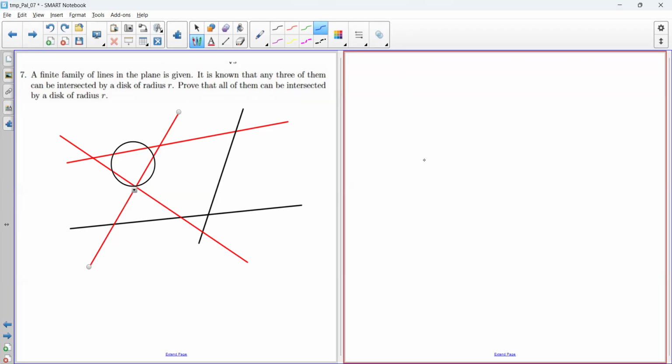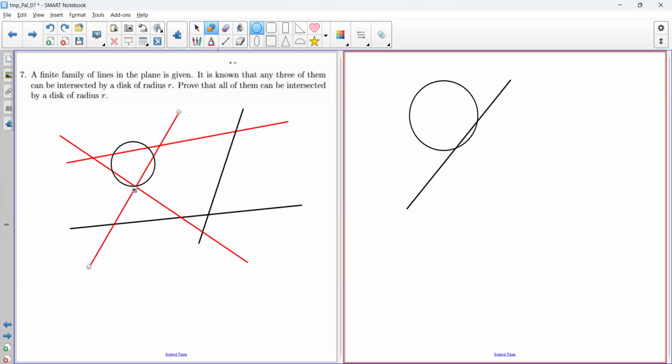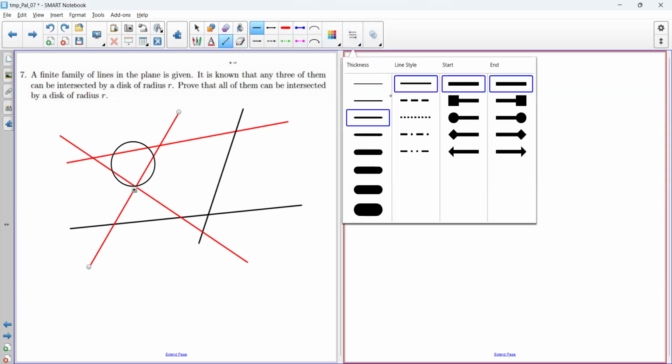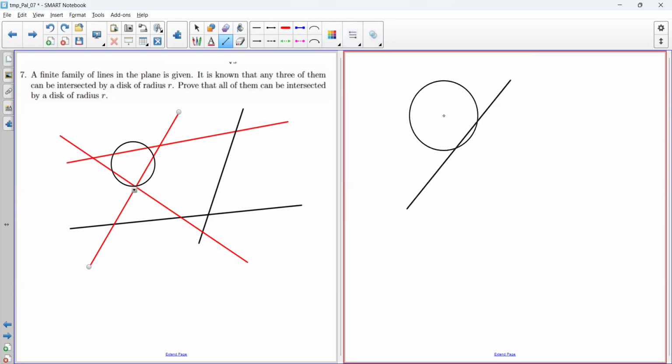So what does it mean that a straight line and a circle of radius r do intersect? That means that some obvious thing happens.